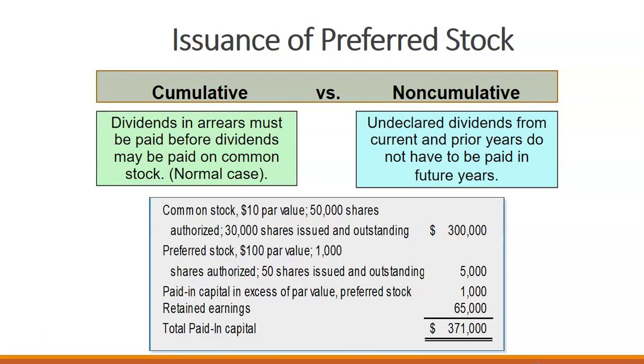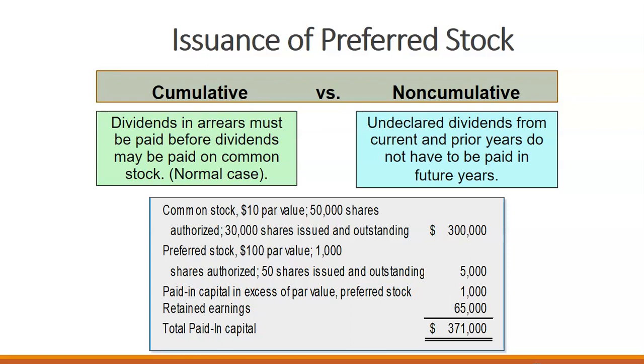Those dividends must be paid in full before we can pay any dividends to common stockholders. So what happens is when we don't have enough cash to pay our preferred stockholder dividends, we would say, we'll pay you next year. Then next year we owe them 2 years worth of dividends.